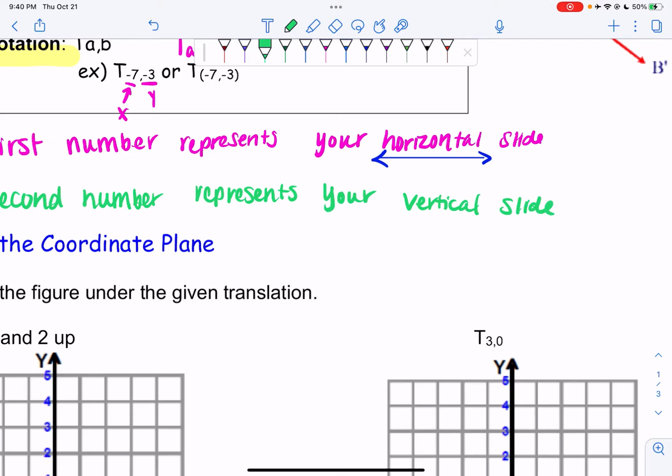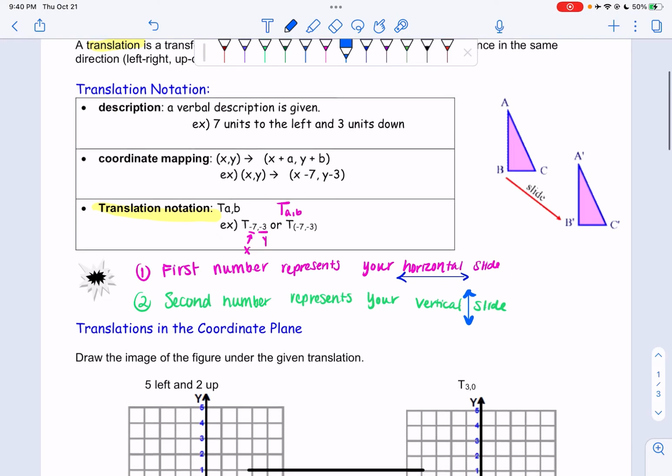So when I say vertical, I simply mean going up or down. Okay. And just a heads up, whenever you hear the word translation, what Miss Calarundo and I would like you to think of immediately is that you are just sliding your image.